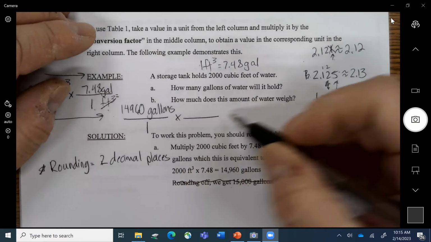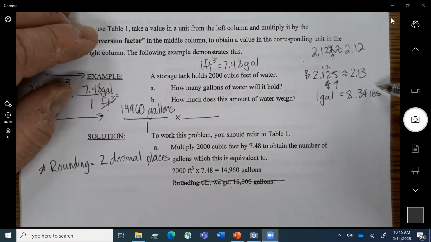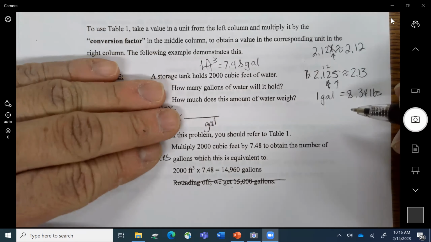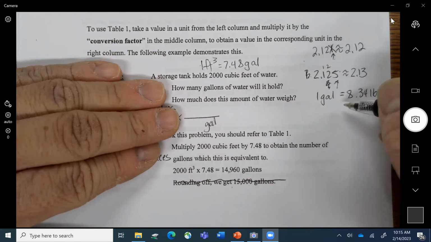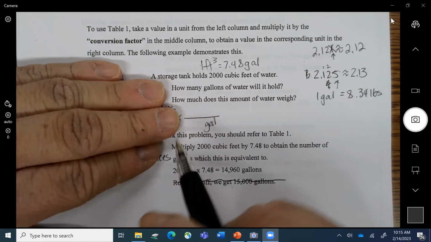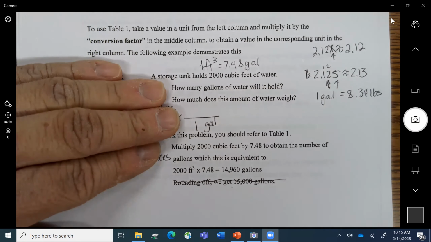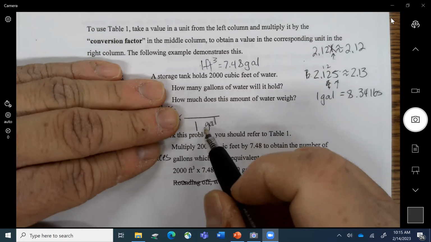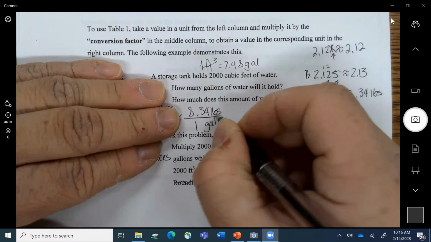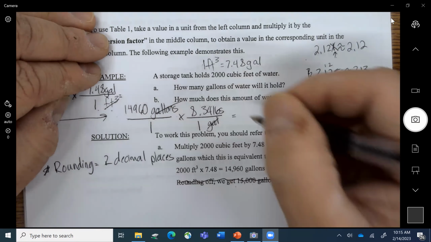So if gallons are on the top, where do they have to go to cancel? The bottom. And remember, this is your conversion factor, which is right here. If gallons have to go on the bottom, according to this, how many gallons is it? 1. And 1 gallon equals what? 8.34 pounds, like this.